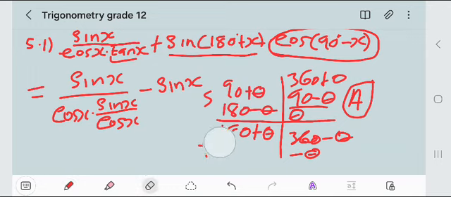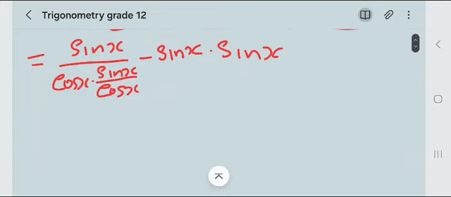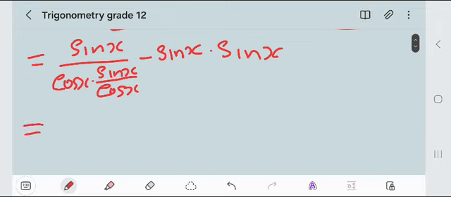So yeah, ladies and gentlemen, we can multiply here by sine x. As you can see, this and this will cancel, this and that will cancel, we're left with 1. This will be minus this.